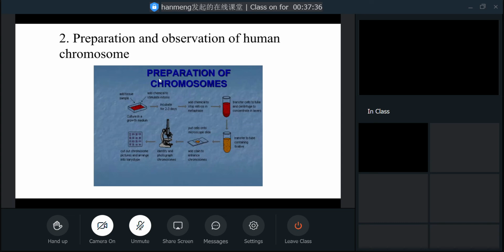You should describe the karyotype of a person, but first of all, you should make a chromosome specimen of this person. Then you can detect the composition of his chromosomes and some other abnormalities.